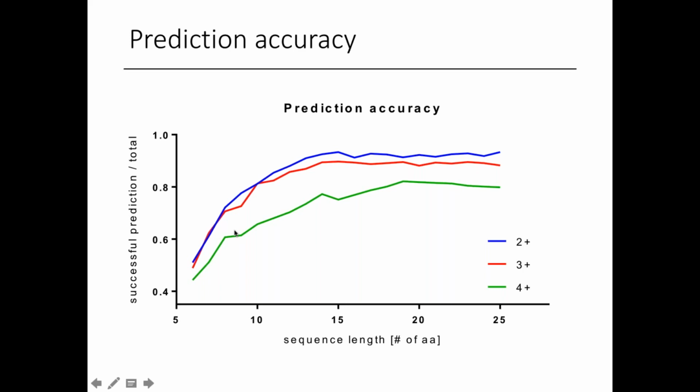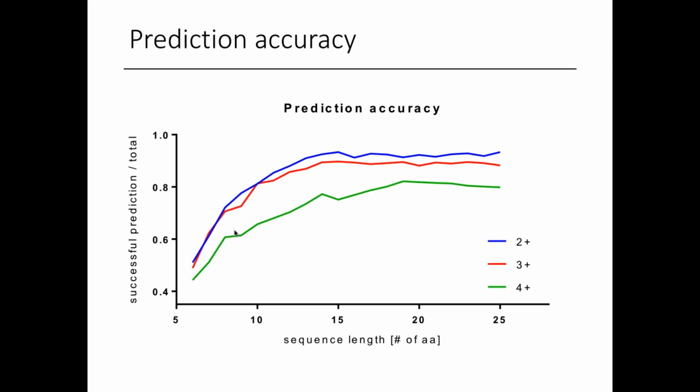And as you can see, the charge 2 and 3 overlap pretty well. But for peptide sequences with charge 4, there's a significant drop in prediction accuracy. We think this is due to the fact that charge 4 spectra are less than 1% of our training data set.